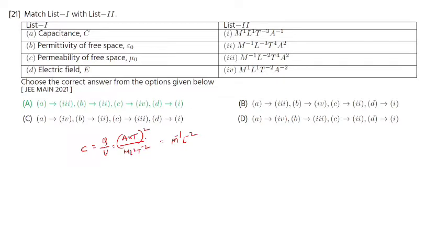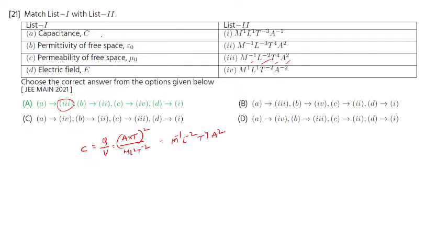If it comes to the numerator it will be plus 2 already, so T square is there, so T power 4 will be there, and coming to ampere, A square. So see, for capacitance, option 3 they gave: M power minus 1, L power minus 2, T power 4, A square, like that.